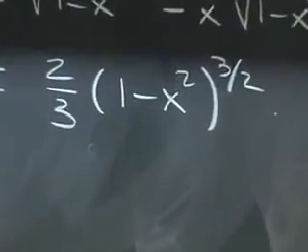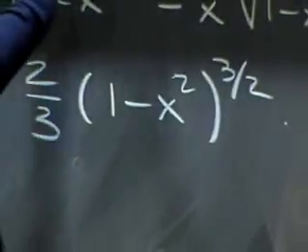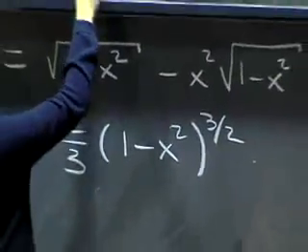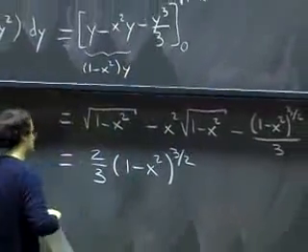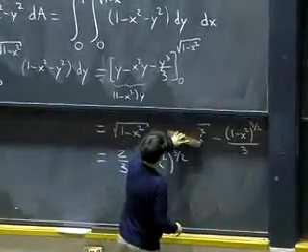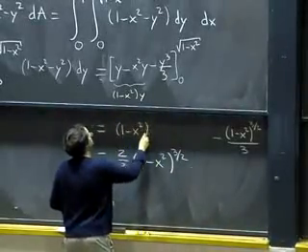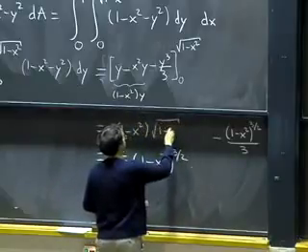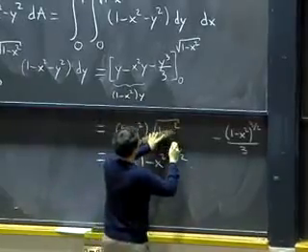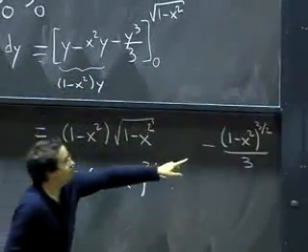Okay, let me redo that slightly differently. This was 1 minus x squared times y. So 1 minus x squared times y becomes square root of 1 minus x squared, oops, x squared, minus y cubed over 3.